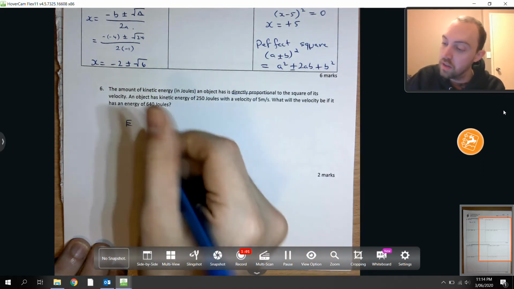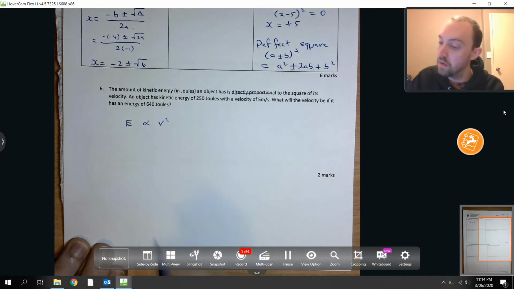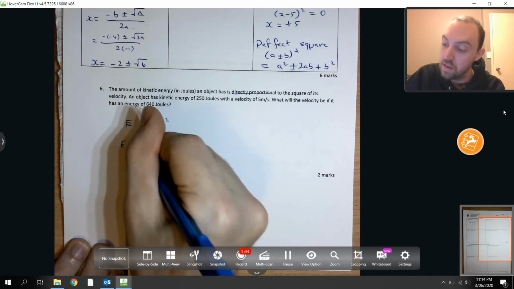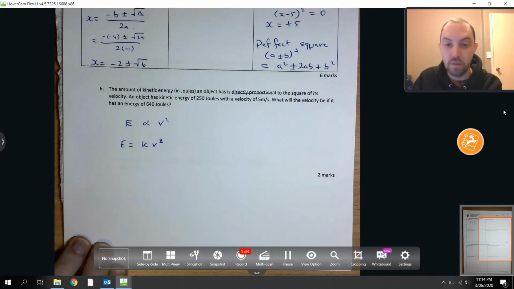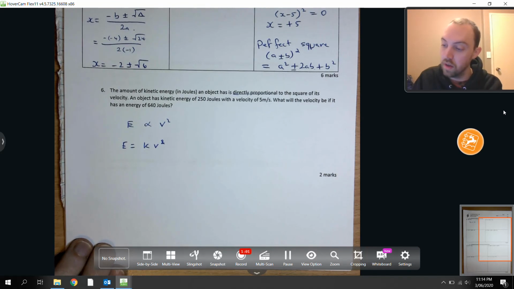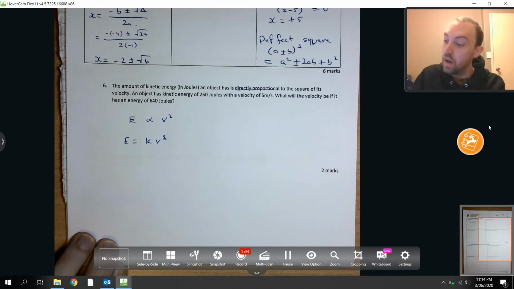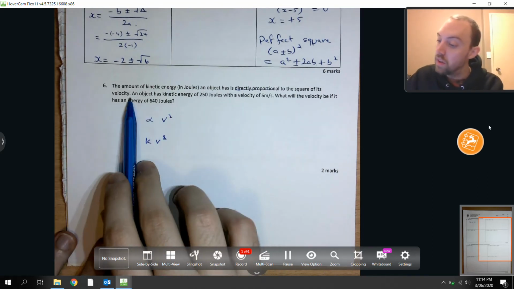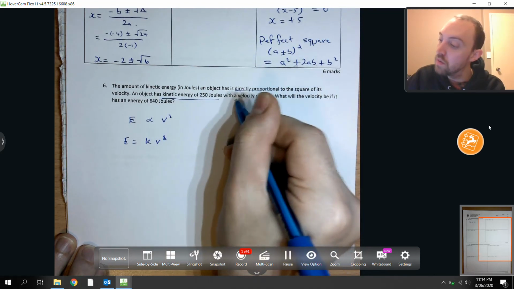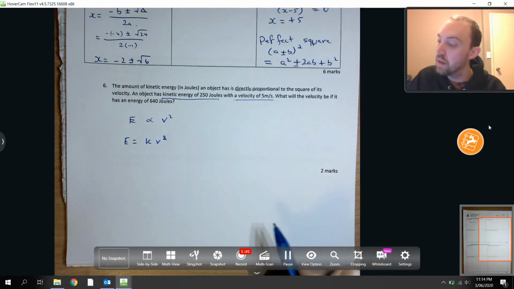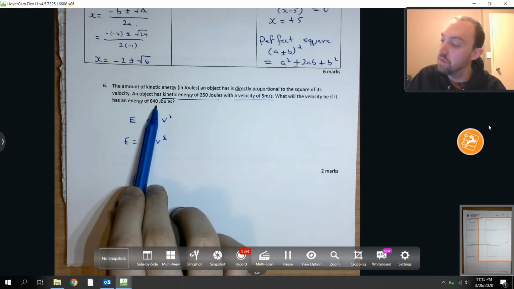Energy is proportional to the square of its velocity, which means that energy is equal to some multiple of v squared. I'm trying not to use the k because I want to use that as my constant here. Now, let's look at the information. An object has kinetic energy of 250 joules with a velocity of 5 meters squared. What will the velocity be if it has an energy of 640 joules?